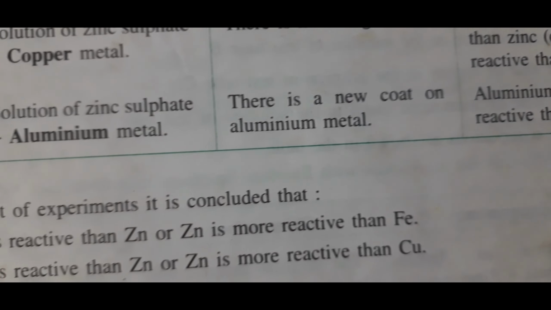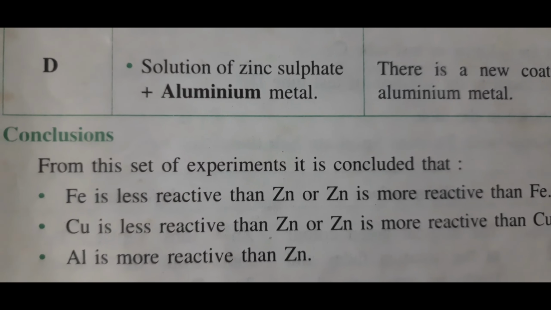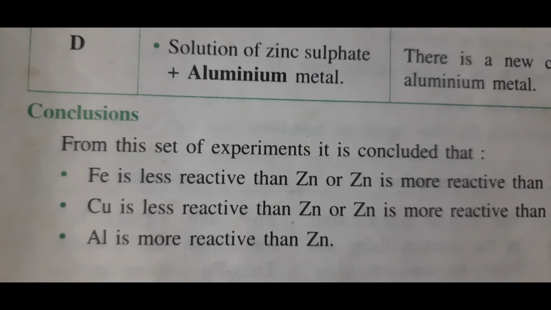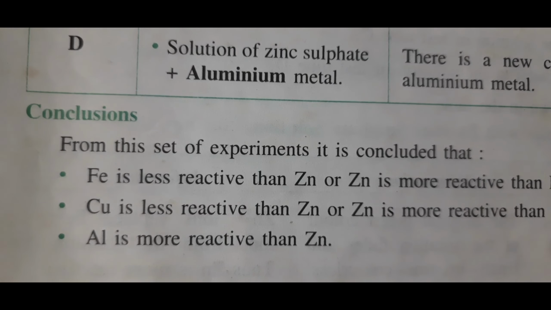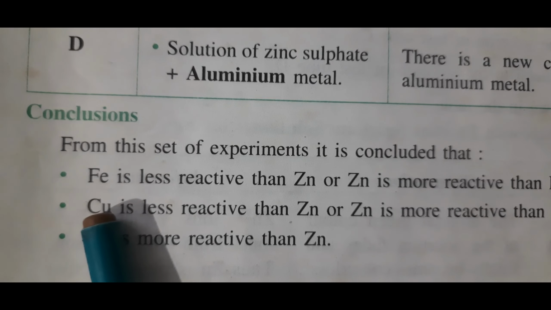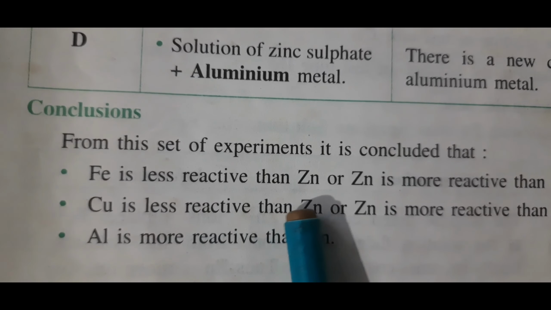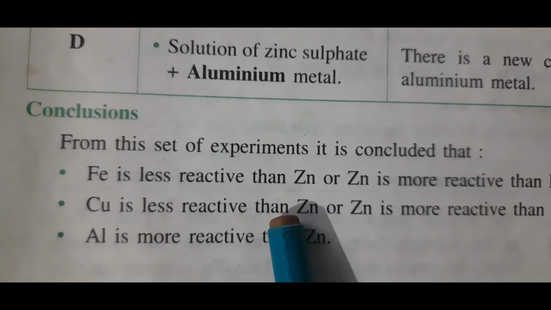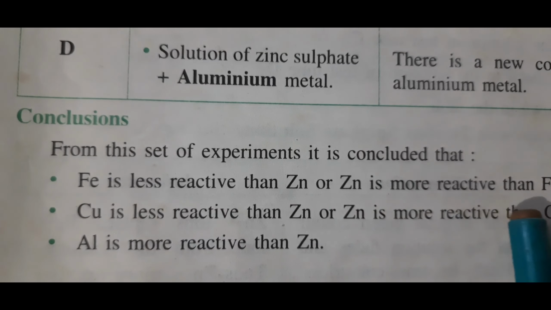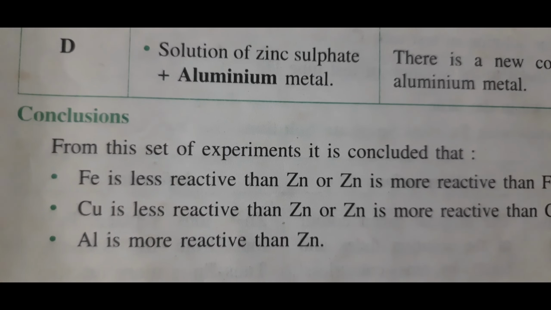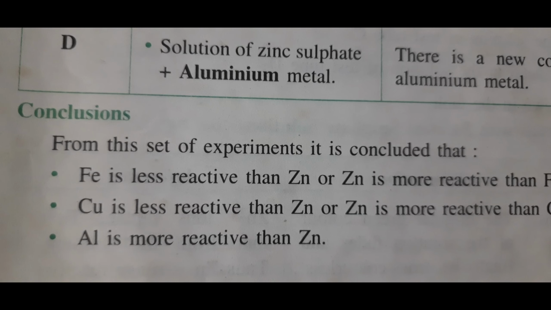Now the last part of this experiment is the conclusion. What we have seen, we learned certain things, that Fe iron is less reactive than zinc, or else we can write zinc is more reactive than iron. This is the first point.